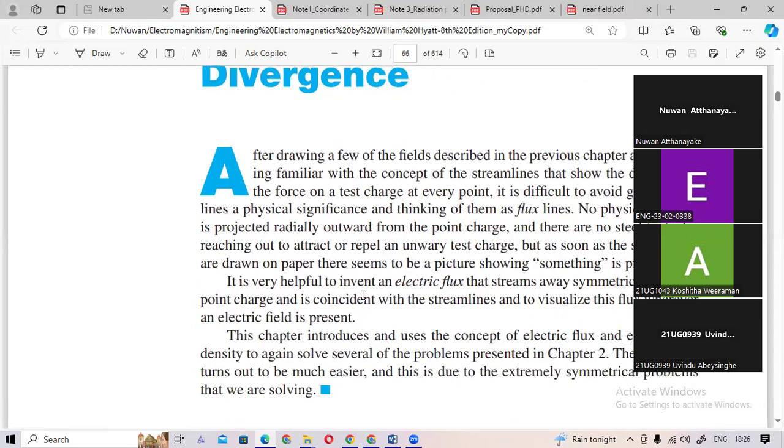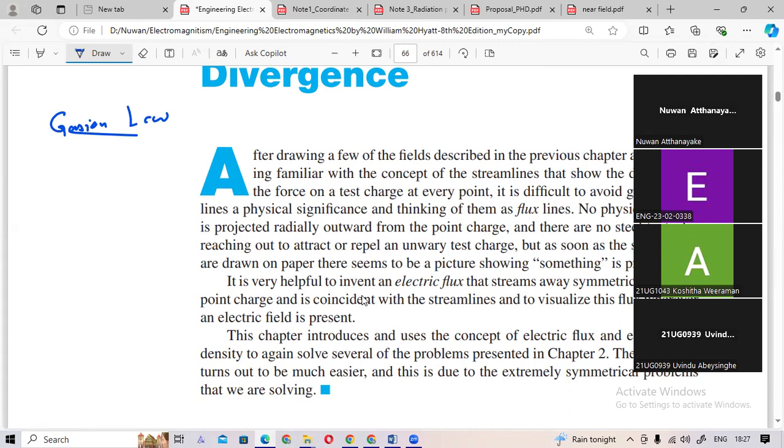Gauss's law is related with magnetic flux. Gauss's law is related with electric flux. Okay, not magnetic flux, electric flux.